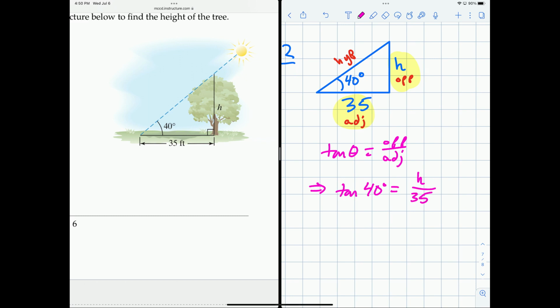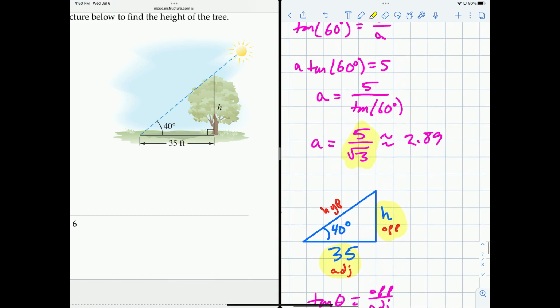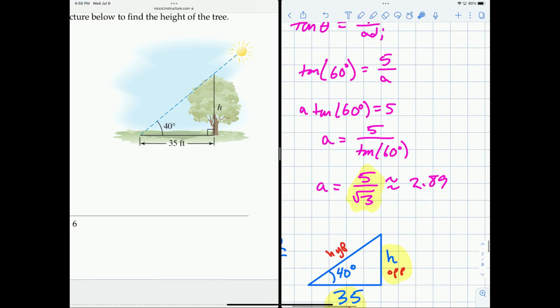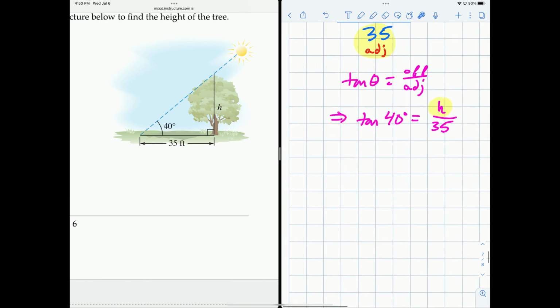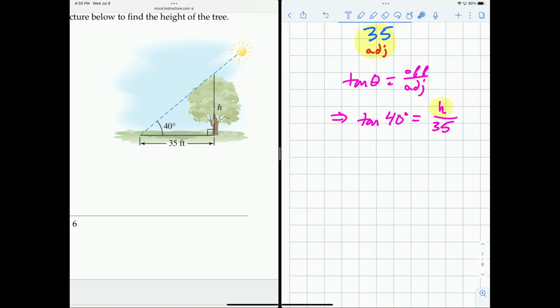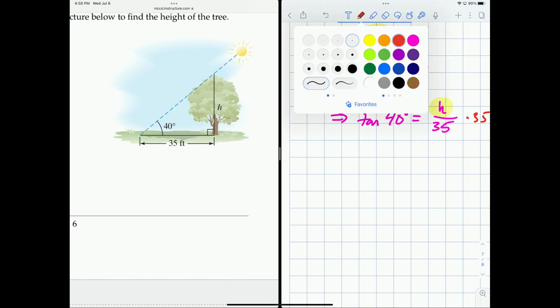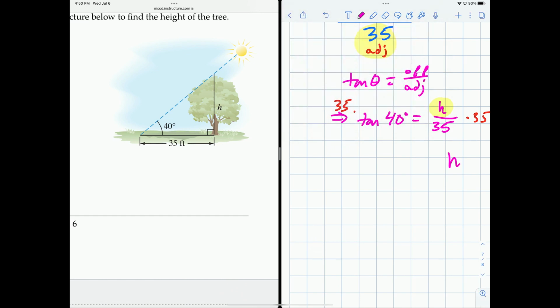So for the first time, the thing we're looking for is up here instead of in the denominator, right? So the algebra here is a little bit trickier than this one. Here we just move the 35 up. So you just multiply both sides by 35, and what we get is that h is 35 times the tangent of 40.